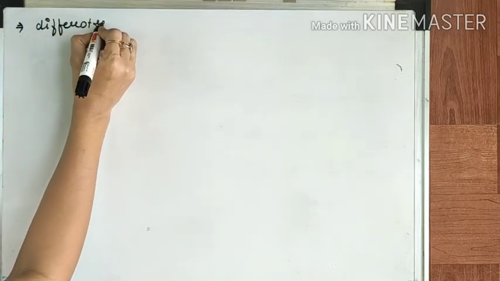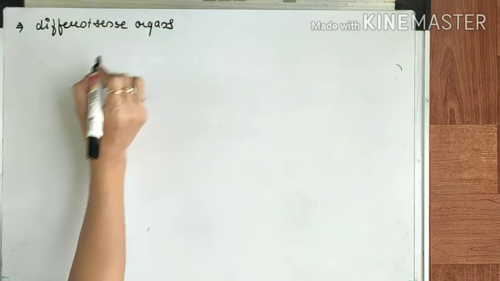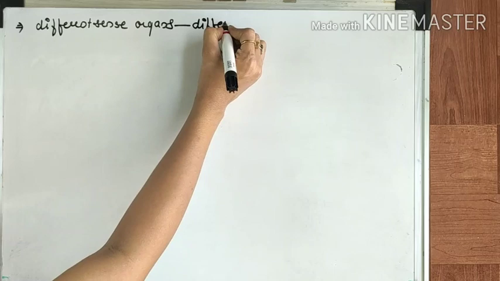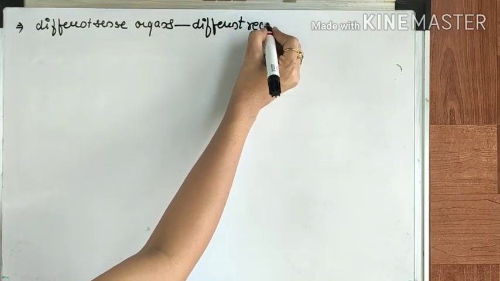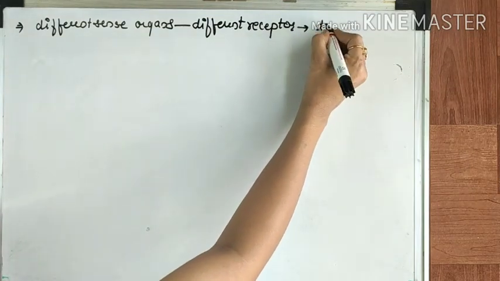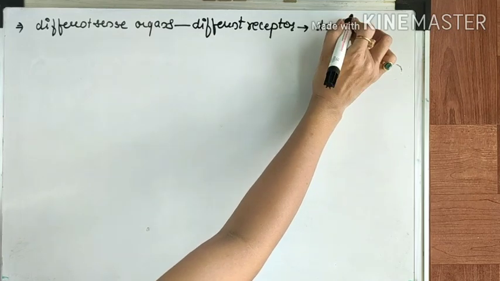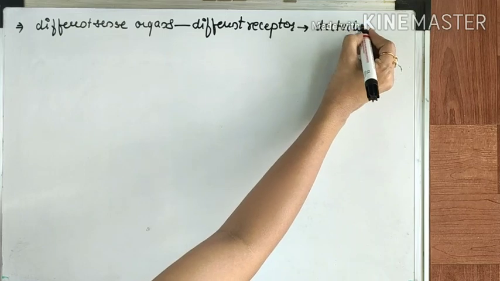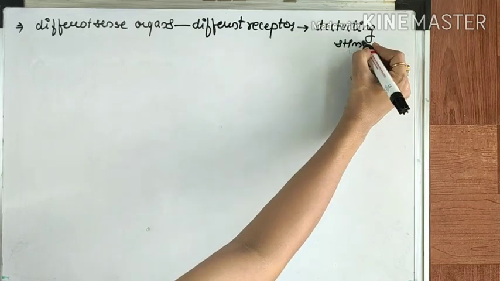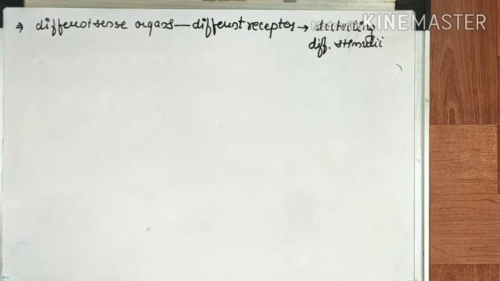So different sense organs contain different receptors for detecting different stimuli. Understood? So what are they?